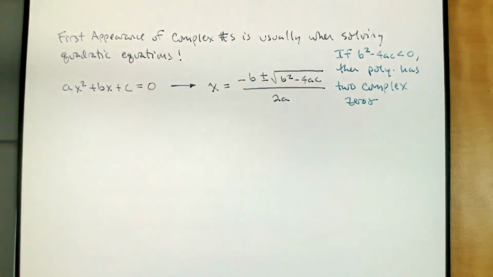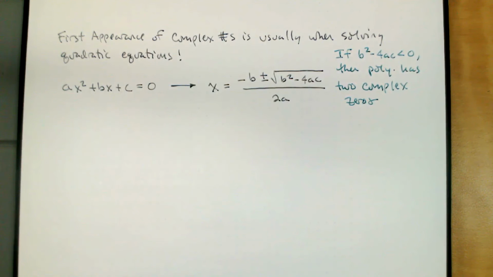If b squared minus 4ac is less than 0, is negative, then we'll have two complex zeros. Our quadratic equation will have complex solutions. The polynomial is not factorable over the real numbers.